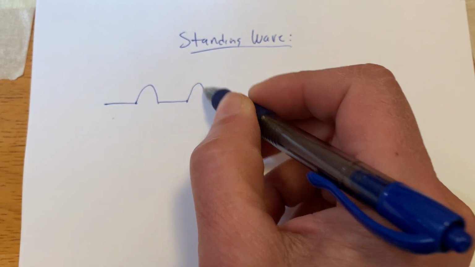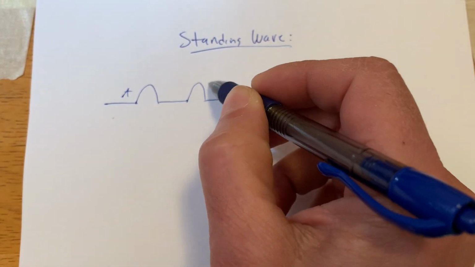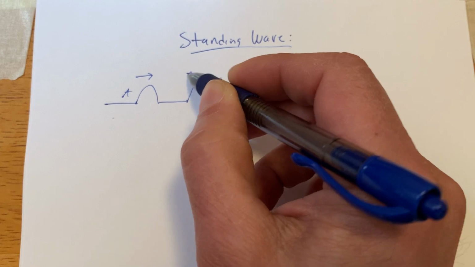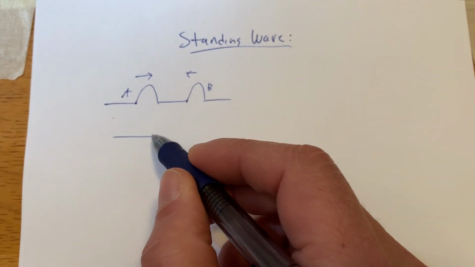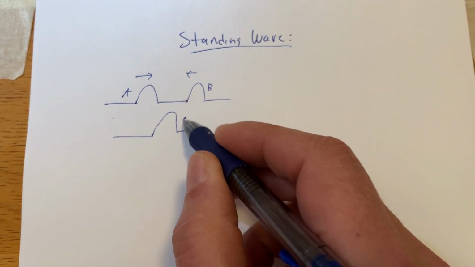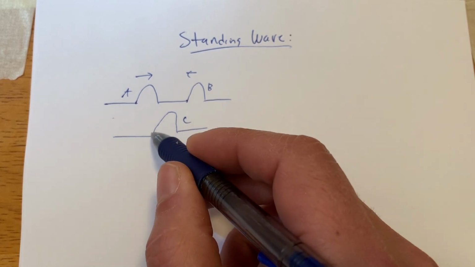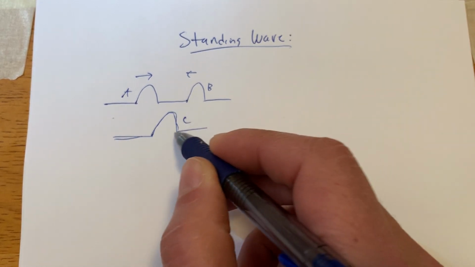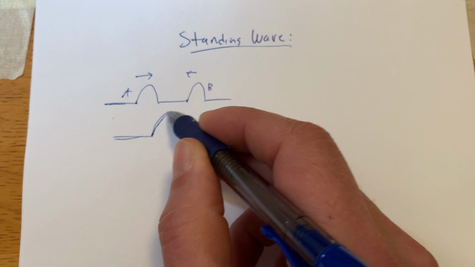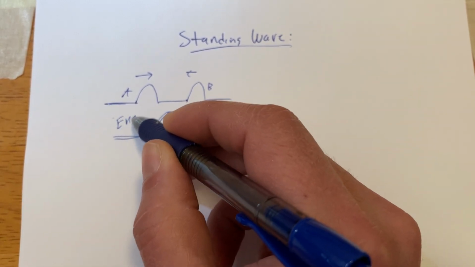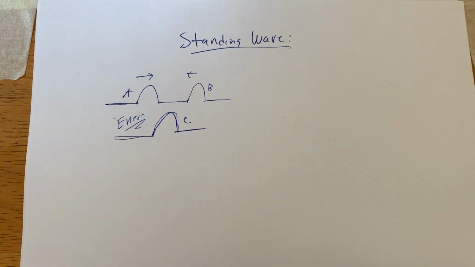I have two waves, here's A, here's B. They're going this way. But what happens when they meet? Well, I could get a big wave called C, because waves, unlike you and me, are made of just energy. Only energy. What does that mean?